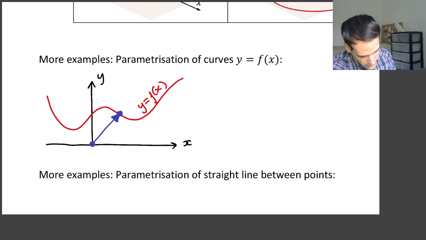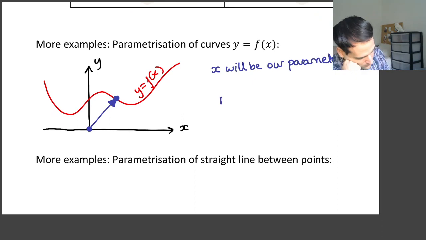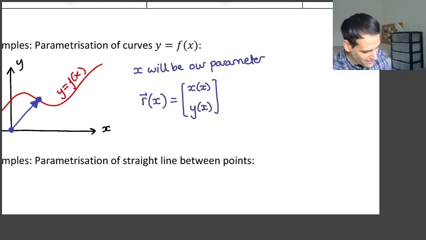So one way we can do this is to say, okay, let's use x as a parameter. And therefore, our vector r, which will be a function of the parameter, r of x, must be equal to x as a function of the parameter, so x as a function of x, and y as a function of the parameter, which is y as a function of x. So x as a function of x is a bit silly. How do you write x as a function of x?